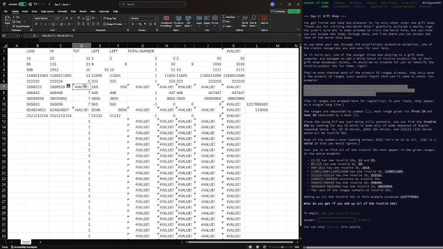How is this making a value error? B7 is an invalid number? What? Why? Also, it's this.